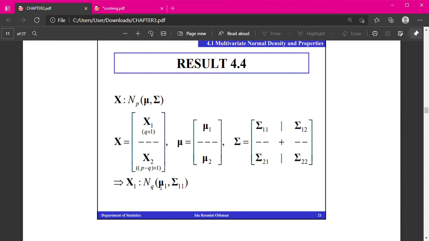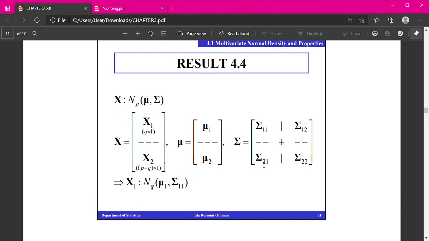So, mu1 dekat sini maksudnya ni adalah mean vector yang kita dah separatekan untuk group 1 dan group 2. Okay, kat sini sigma 11 kita ambil yang ni sahaja sebab ianya untuk part X1 sahaja. Di sini part untuk X2. Variance covariance untuk X2 sahaja. Okay, untuk this group X2. Di sini pula apa dia?